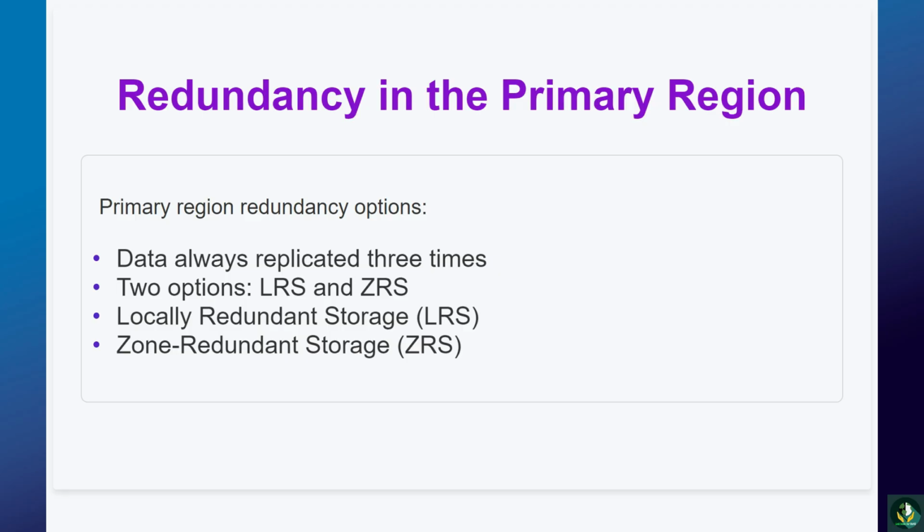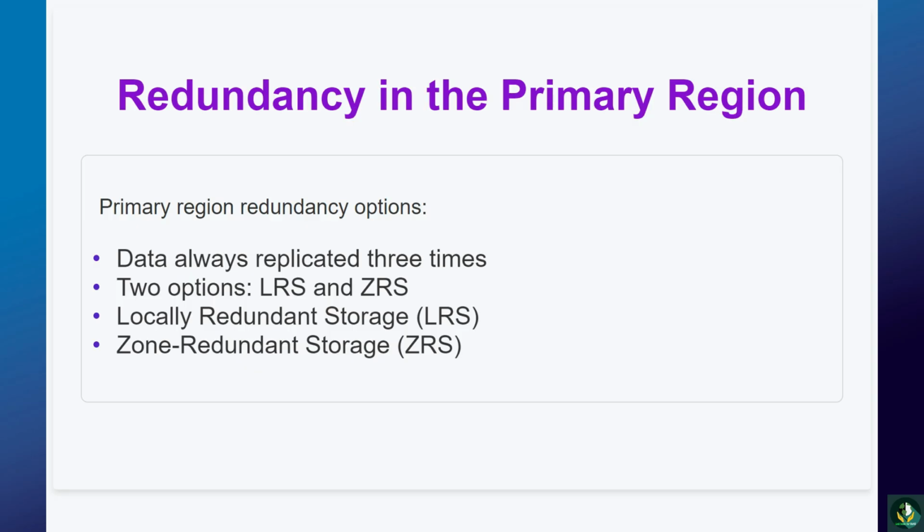Given these potential risks, Microsoft recommends exploring other redundancy options for scenarios that require higher levels of data protection. These alternatives include: 1. Zone redundant storage, ZRS, which spreads your data across multiple zones within a region. 2. Geo-redundant storage, GRS, which replicates your data to a secondary region hundreds of miles away. 3.